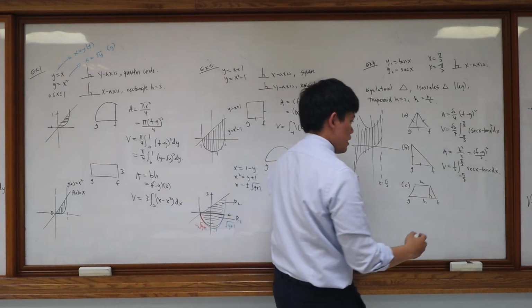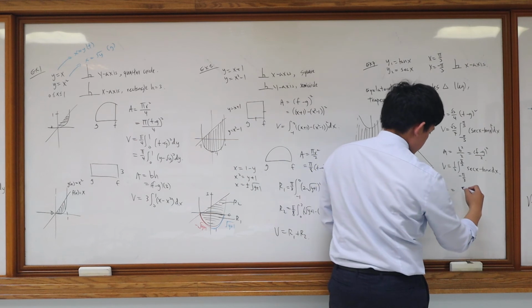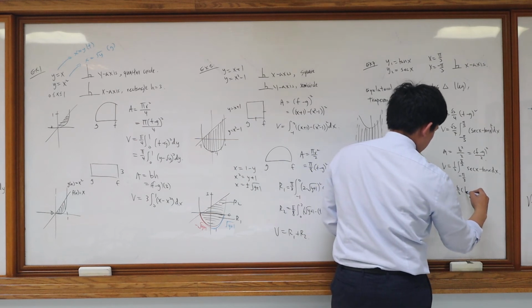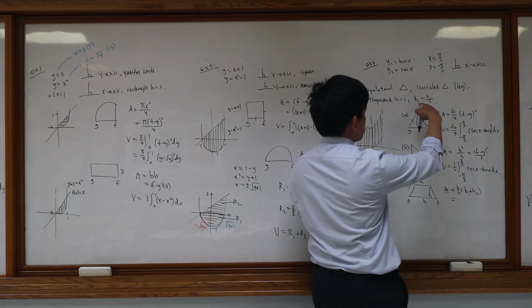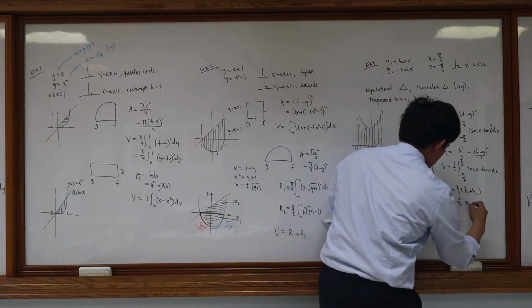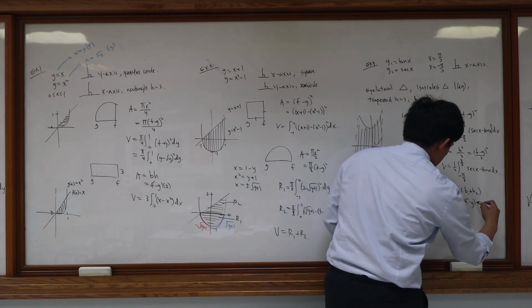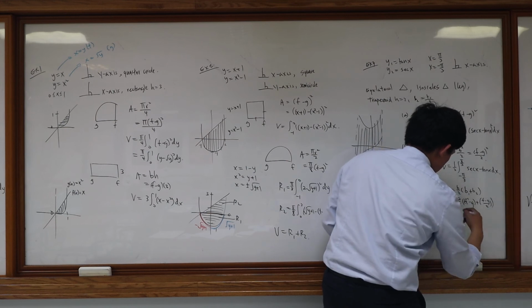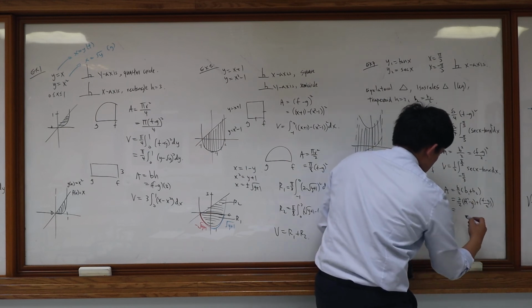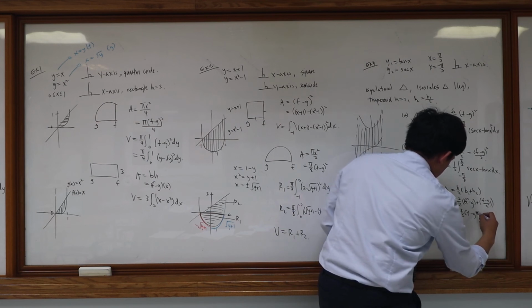So my area here is equal to height divided by 2, B1 plus B2. My height here is equal to 2. So 2 over 2, my base 1 is f minus g plus f minus g divided by 2. In that case, this one cancels, so you have 3 over 2 f minus g.